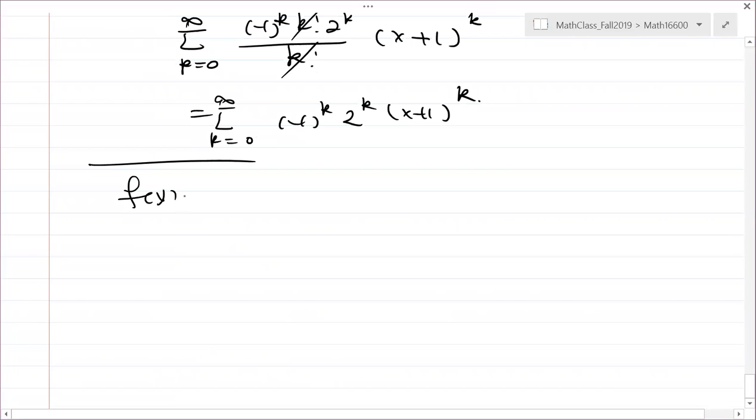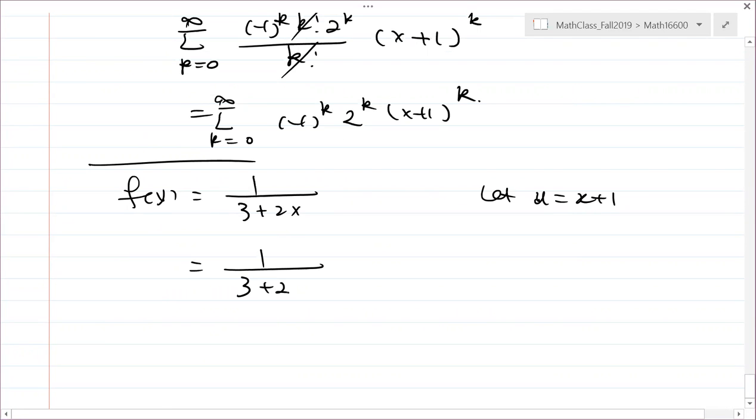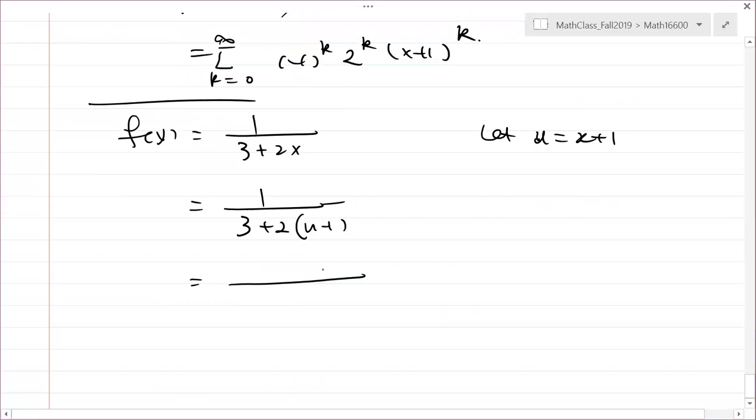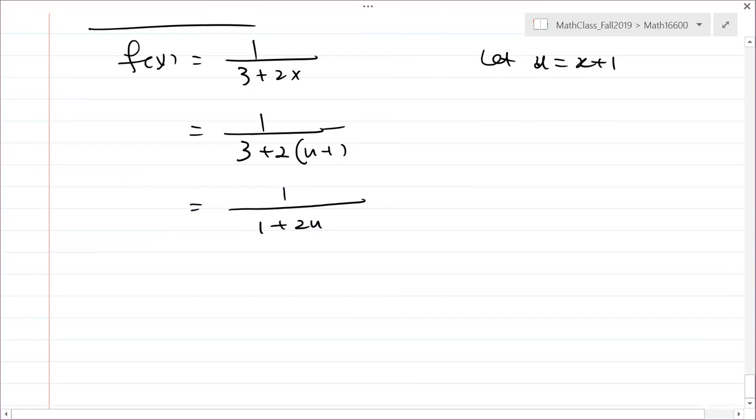f of x equals 3 plus 2x. I want to express it in terms of x plus 1, so I'm going to let u be x plus 1. Then that's going to be 3 plus 2 times, what is x? x is u minus 1. So I get 3 minus 2, so it's 1 plus 2u.